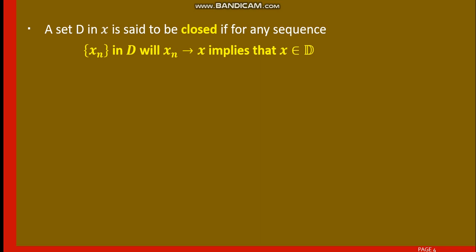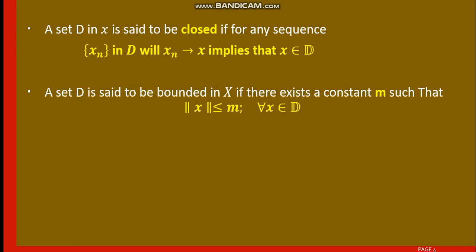A limit point you can again define in terms of sequences, right? When the sequence converges to x in a normed space, the distance norm of x_n minus x tends to 0 as n tends to infinity, right?